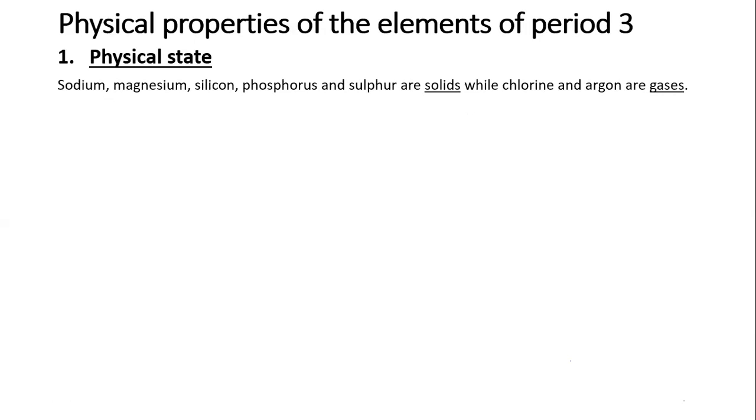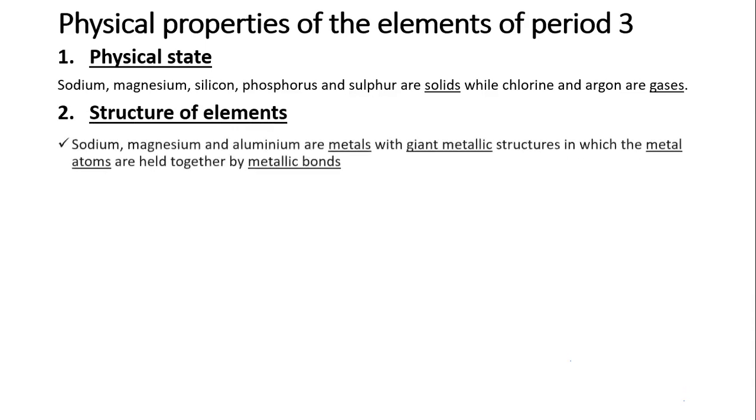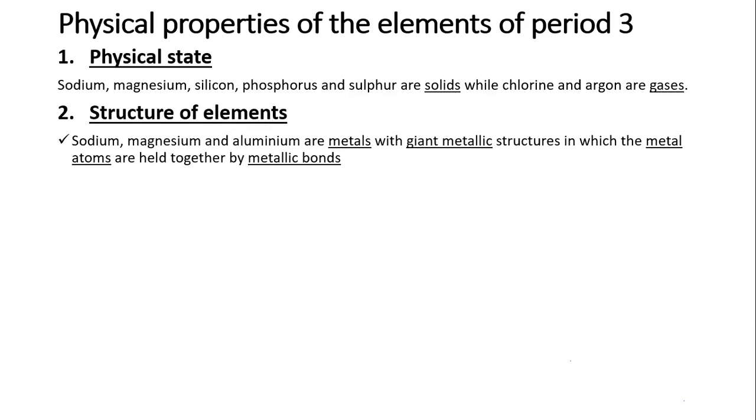Let us try to see how we can describe the structures of these elements. What can we write when describing the structures of these elements? It's the same thing that we have been discussing. First of all, when you're speaking about the metals, that is sodium, magnesium, aluminium, they ask you to describe the structure of the elements in period 3. The metals are generalized.